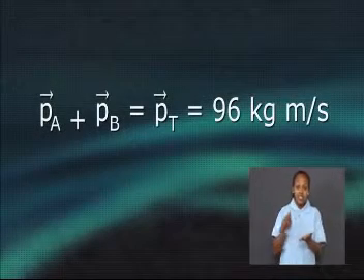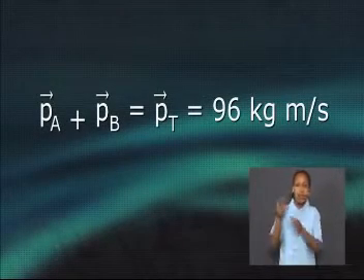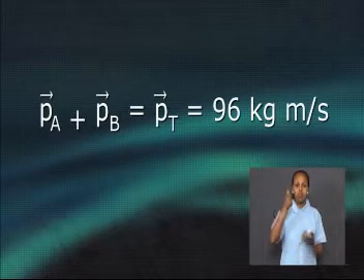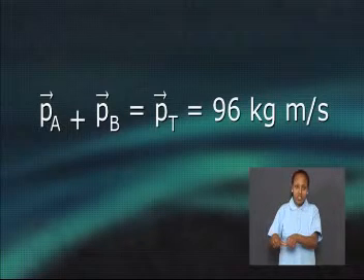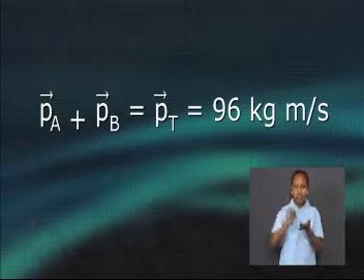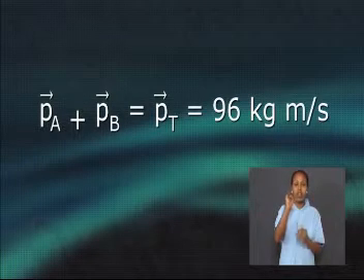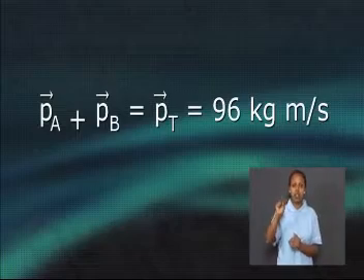This is the total momentum before the collision. Based on the law of conservation of momentum, we know that the momentum after the collision must also equal 96 kilogram meters per second to the right. There are thousands of potential outcomes once the two objects have collided, but in all instances, the linear momentum of the system is conserved.